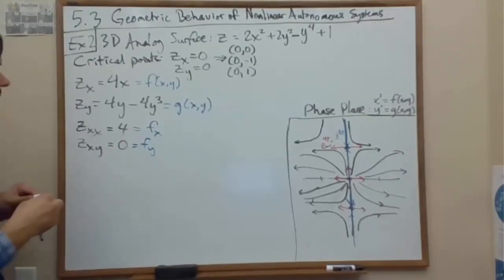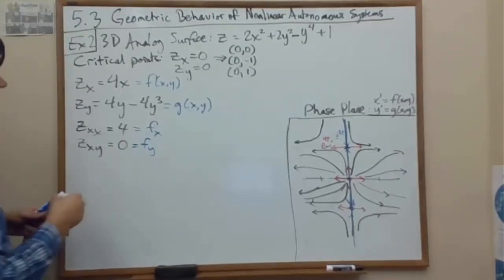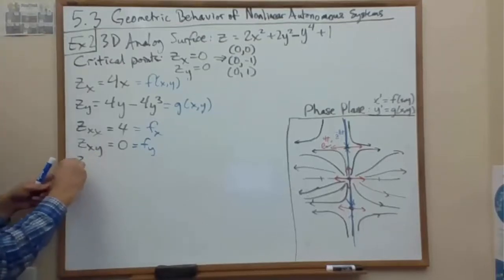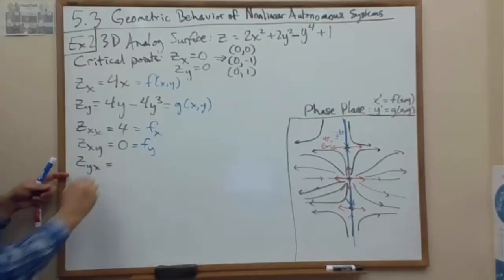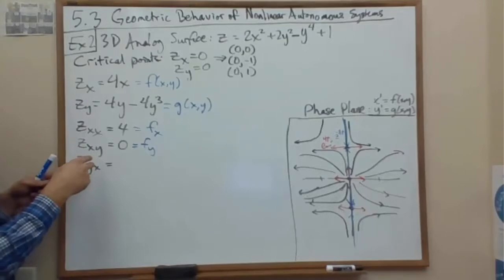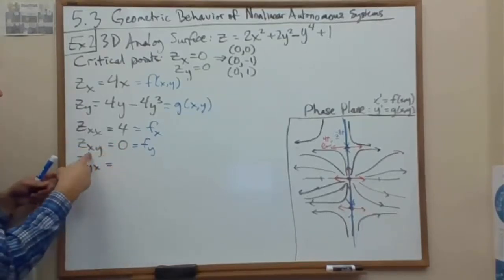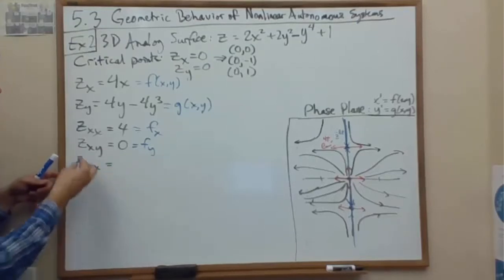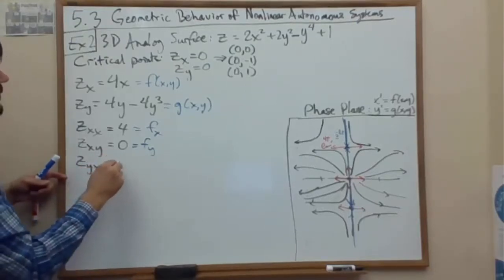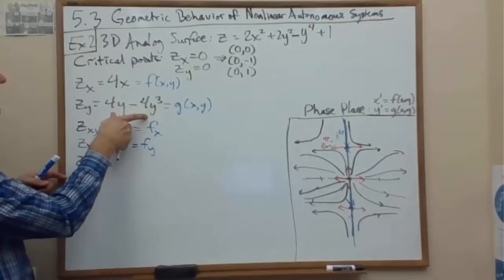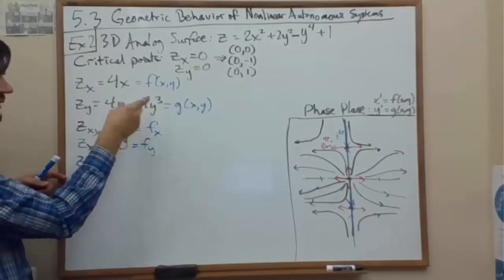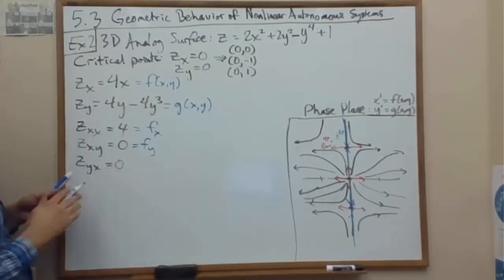And alongside that, I also need z sub yx, which for continuous, differentiable surfaces will be the same. Z sub xy and z sub yx will be the same, giving us the x partial of our 4y minus 4y cubed. But there's no x's there, so that's 0.